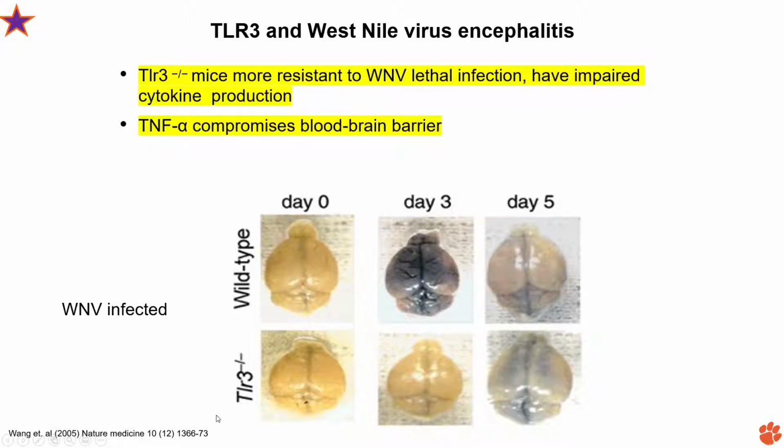Here, TLR3 is deleted, homozygous minus, meaning both alleles of the pair of chromosomes lack TLR3. So this mouse cannot express TLR3. In that case, there is no TNF alpha production, and it can maintain the blood-brain barrier. You can easily see very little dye even after 5 days. So that's basically the rationale of the experiment.